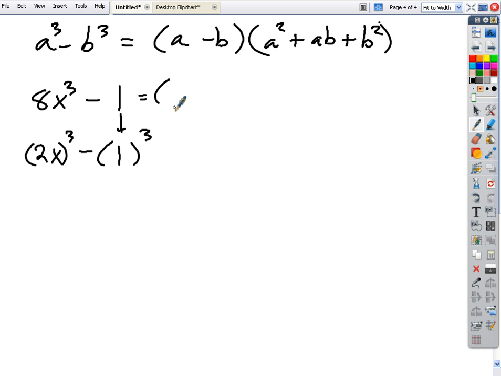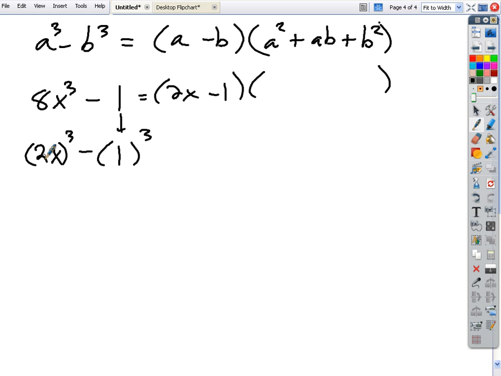So a minus b is just going to be 2x minus 1. Now we have to be a little bit careful here with this one. What's a squared going to be if a is 2x? It's the quantity 2x squared. So I've got to square out both the 2 and the x, right? Does that make sense?